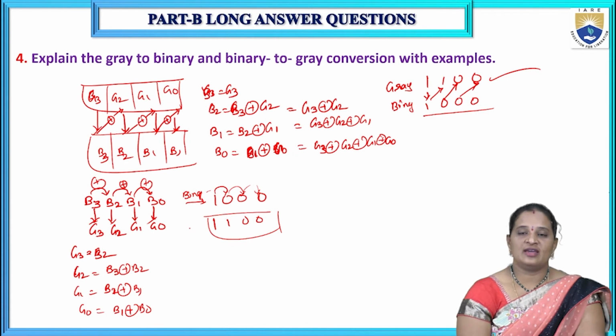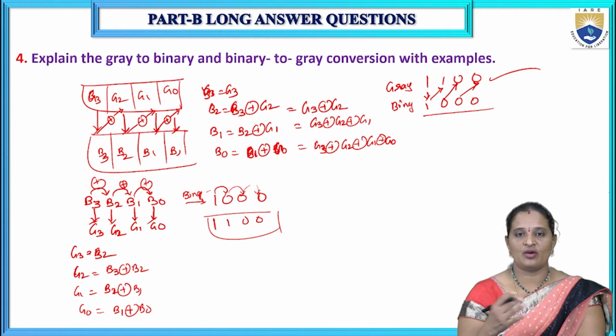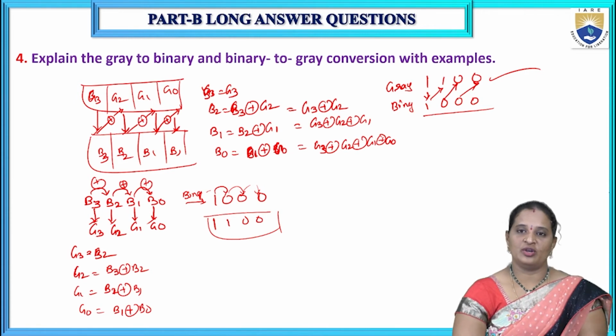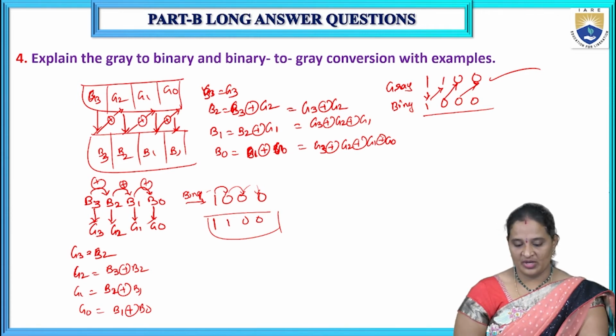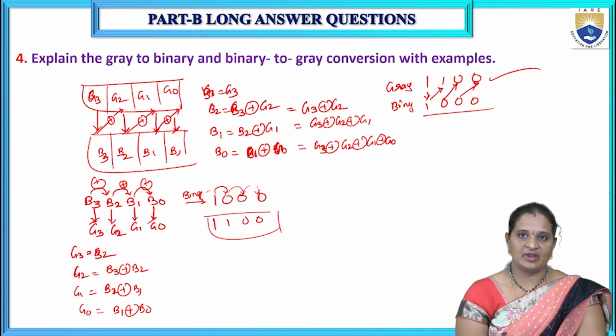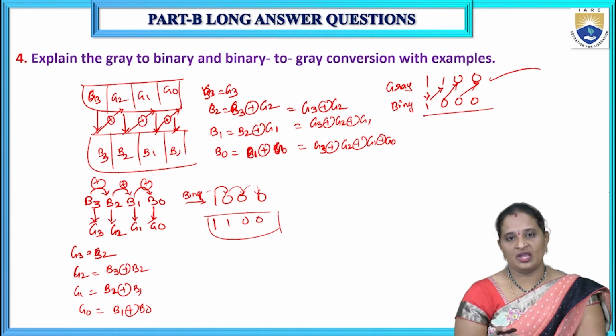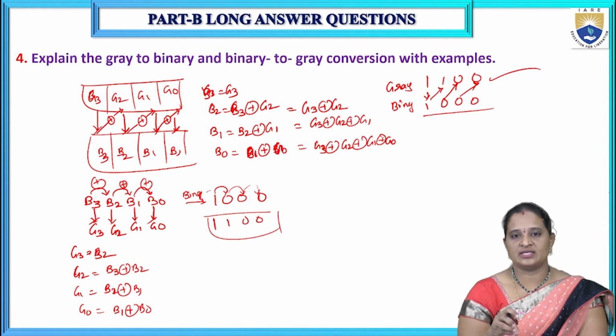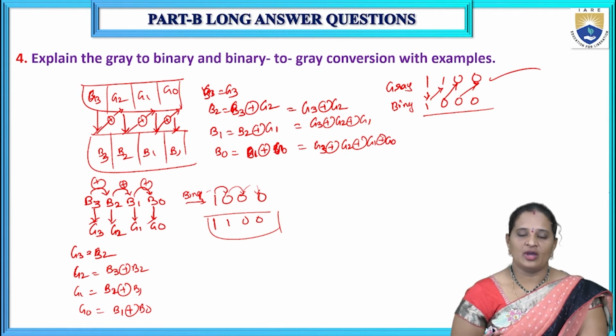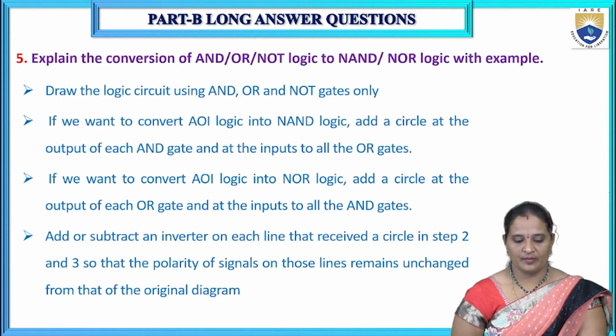Like that you can convert any gray code into binary code, and any binary code into gray code, by using XOR operation. So first you explain how to convert binary to gray and gray to binary, take one example, and get its equivalent gray code.